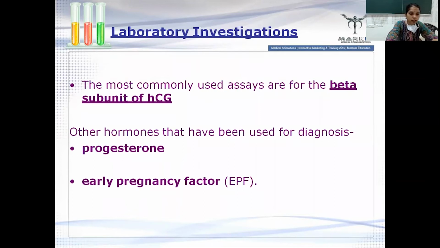But in case of a previous history of an abnormal pregnancy, ectopic pregnancy, twins, or molar pregnancy, we do these immunological assays. The most commonly used assay is the beta subunit of HCG. Other hormones like progesterone and early pregnancy factor may be useful, but we normally don't do them.